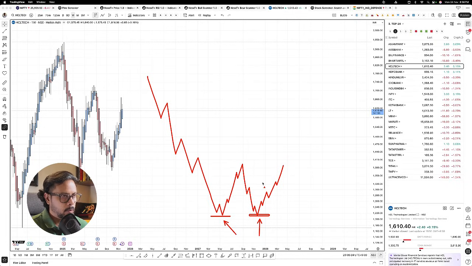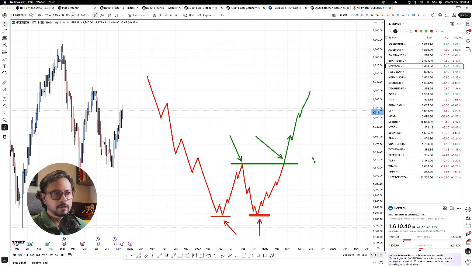In this case, you have to wait, and the most important level is this one. This is what will cause the breakout, a move beyond this level, a close beyond this level, and then you can expect that the previous downtrend has reversed on the upside. You can use the same vertical distance logic, add it here, and then it will give you some kind of a target.